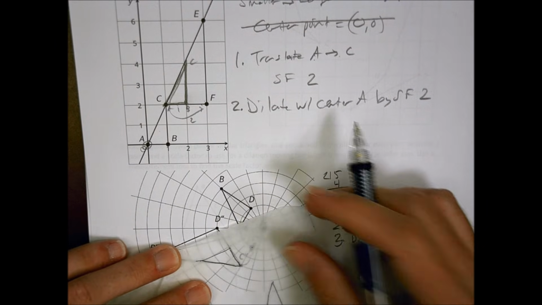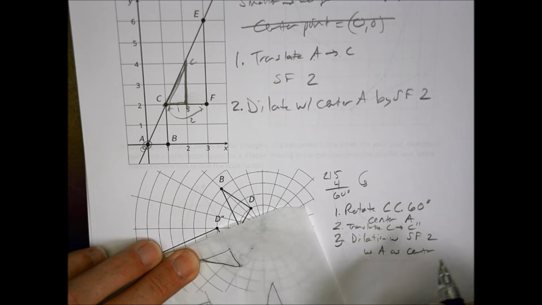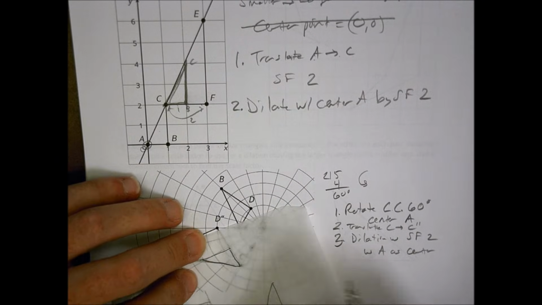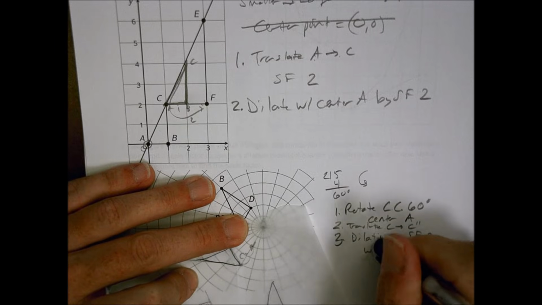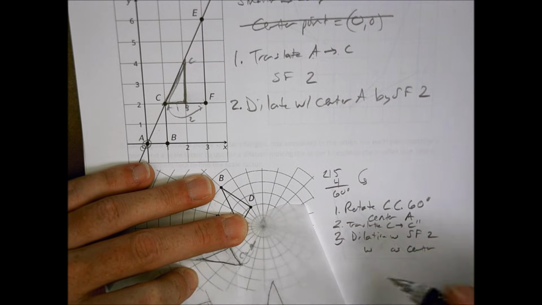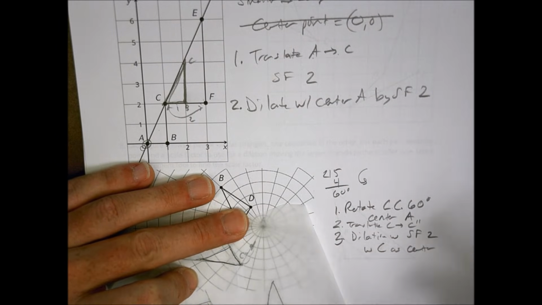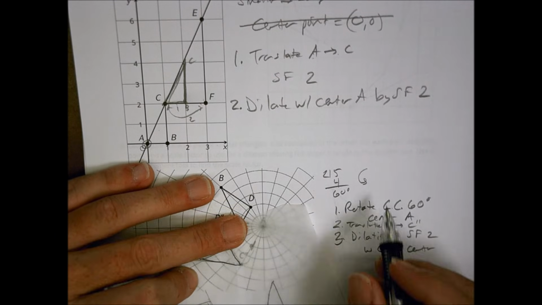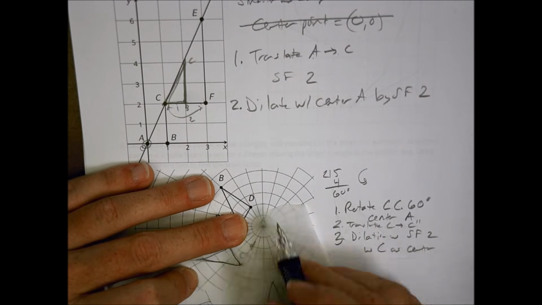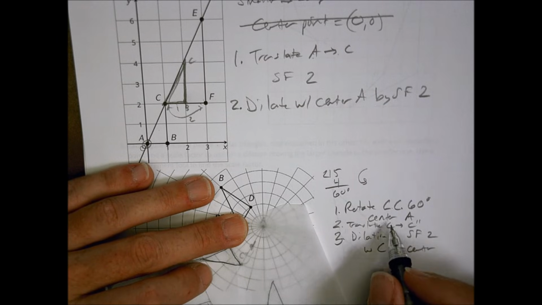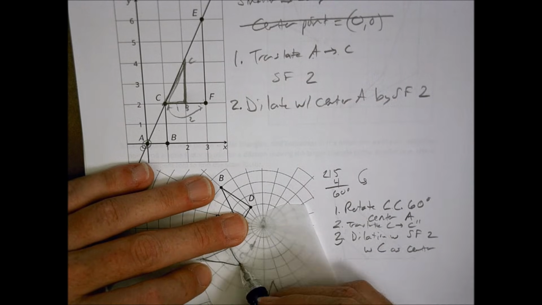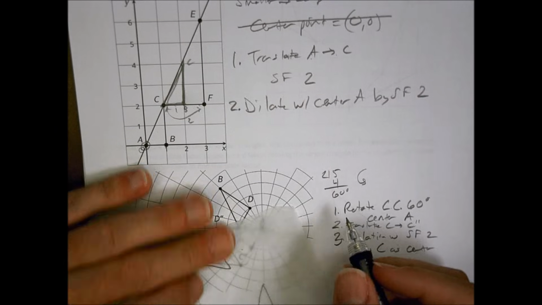And then we can do the scale factor. We can make C the center here if I did it this way. I was looking at my notes for how I did it a different way. There are other ways of doing it, so be careful. So we rotate it 60 degrees with a center of A. We translate it to C, and then we dilate it with C as the center to keep it in the same place. So that's one way of going about it.